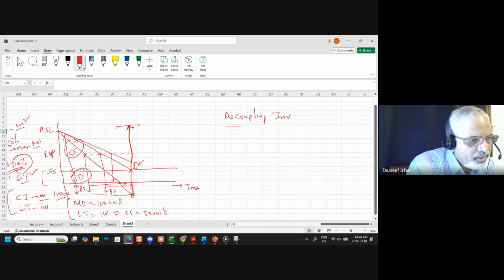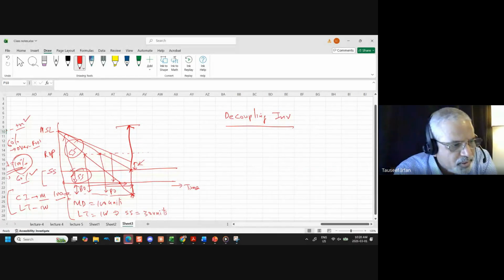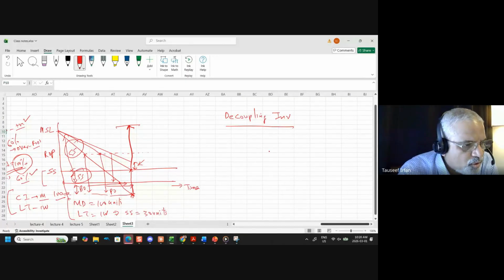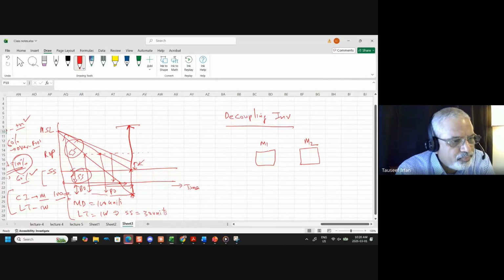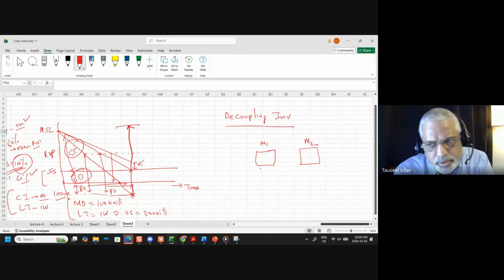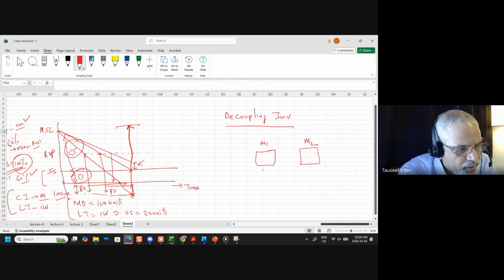Decoupling inventory, the word basically started from manufacturing. Like you have these two machines, machine 1 and machine 2. Let's say, Shadrujaman, your textile industry, machine 1 is a cutting machine.